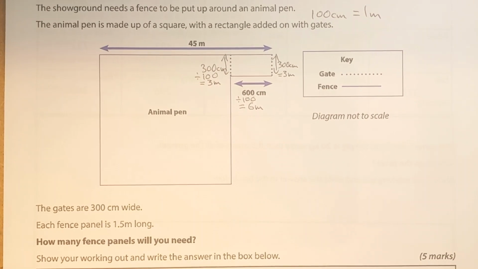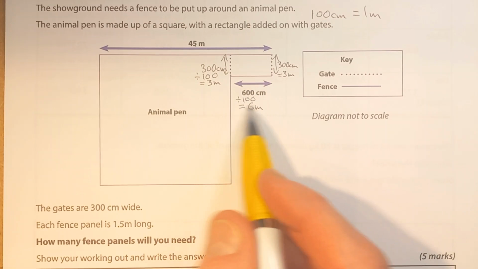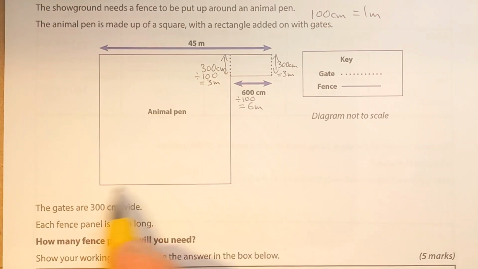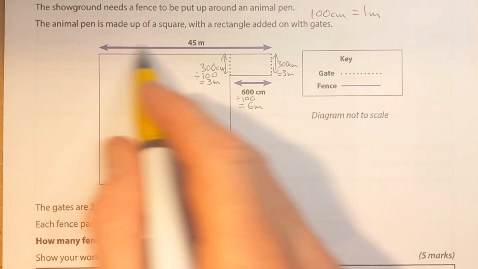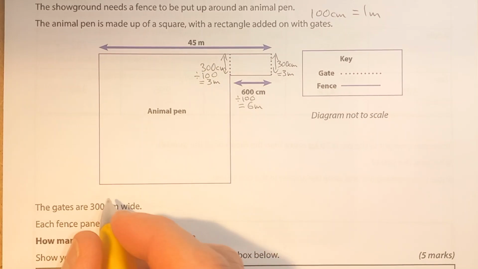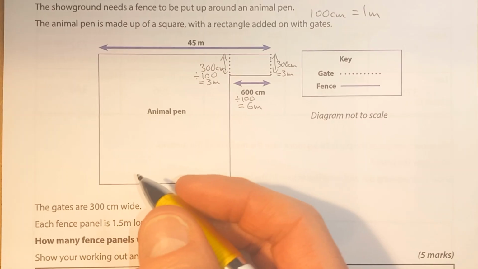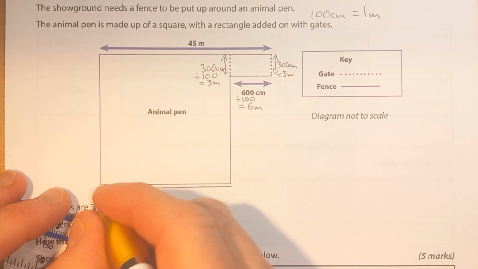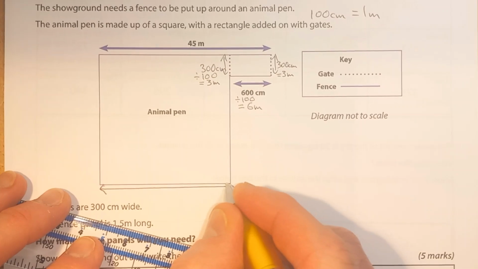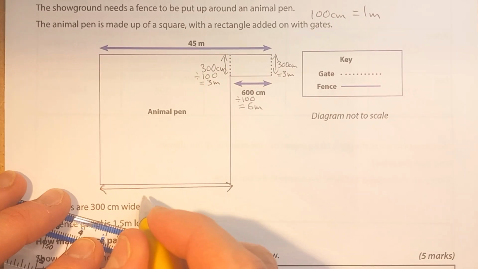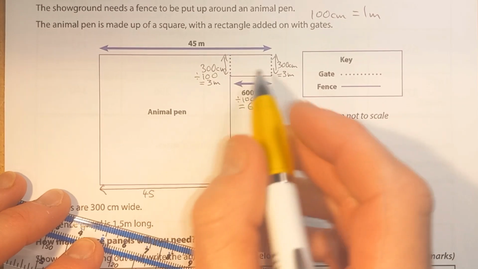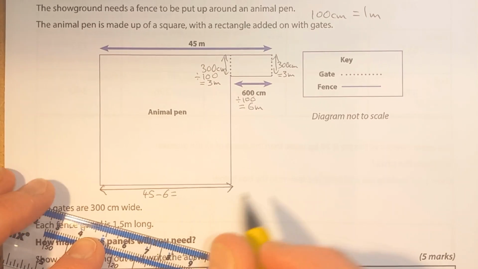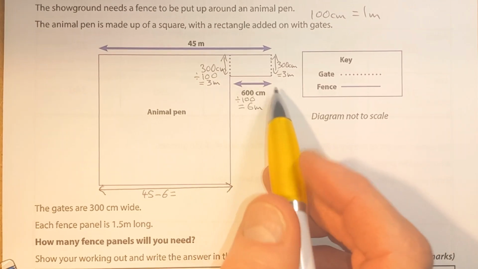Okay, so that's great. We've got this distance. We want to really know how long these sides are as well, okay? Well, if this is 45 metres all the way across, this distance down at the bottom here, this is going to be the full 45 metres, but minus this bit here, because this is the extra bit.